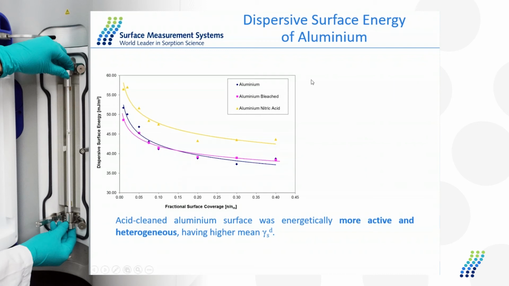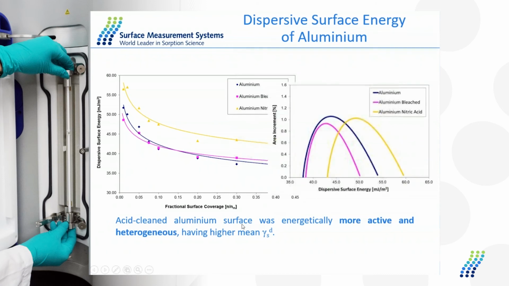So we did this with an aluminum surface, and we took the aluminum as is, and then we bleached the aluminum surface, and then treated it with a nitric acid. And we can see that by treating it with a nitric acid, we make the dispersive surface energy both higher in energy and more energetically heterogeneous.